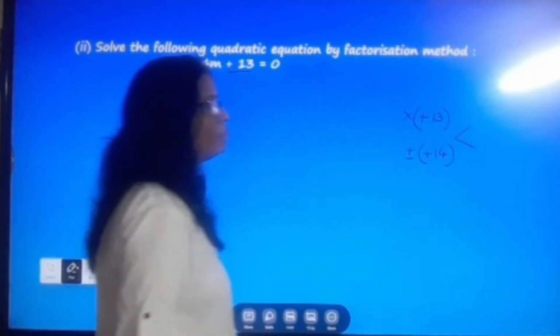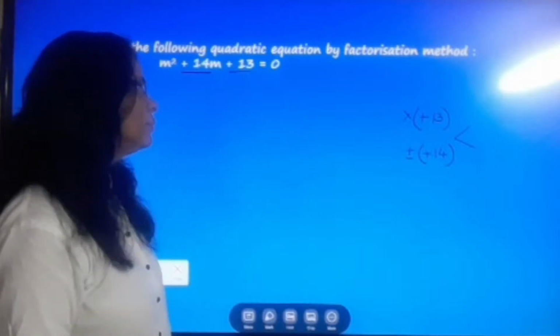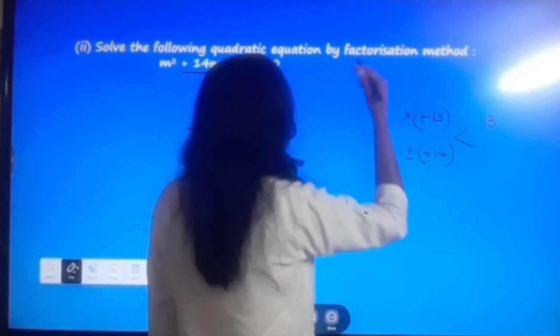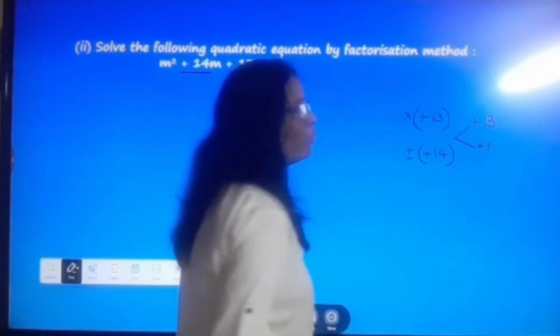So which are these numbers? Now here, students, the numbers are 13 ones are 13. We want the product 13, so 13 ones are 13, so positive 13 and positive 1.